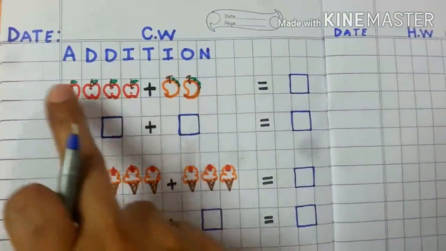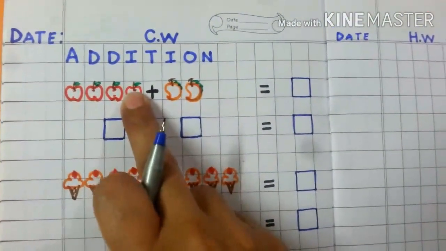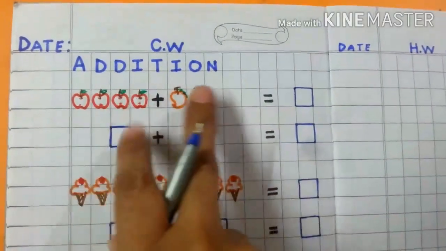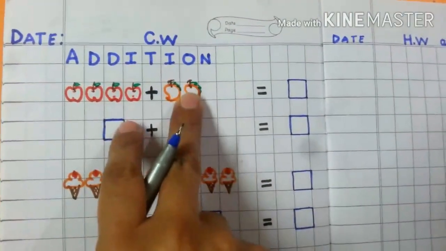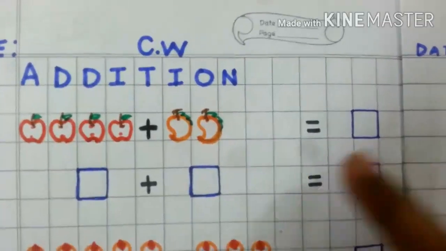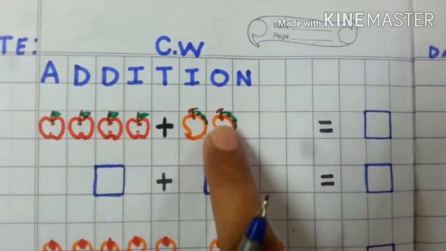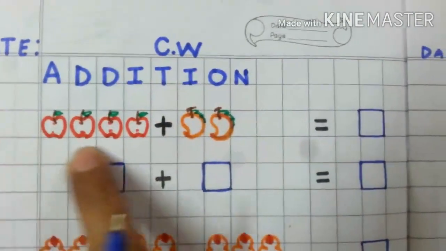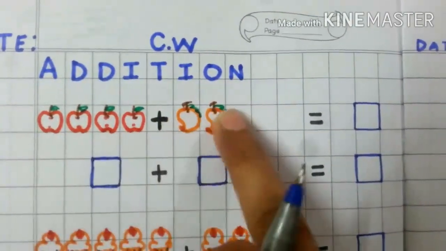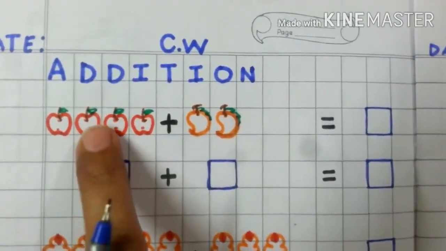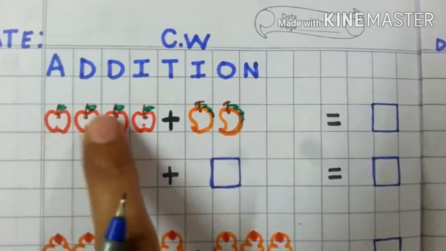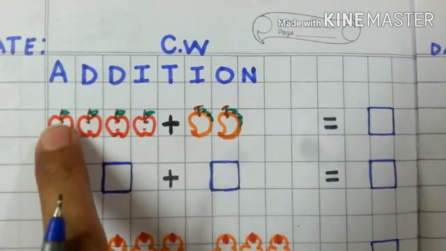Here we have apple and mango. 2 different fruits. Let's find how many fruits we have all together. So first we will count apples. How many apples we have? Let's count with me.